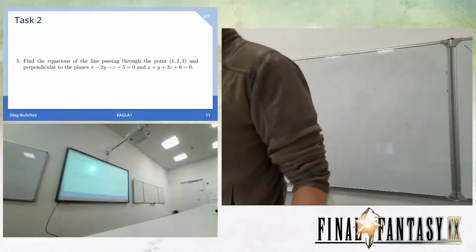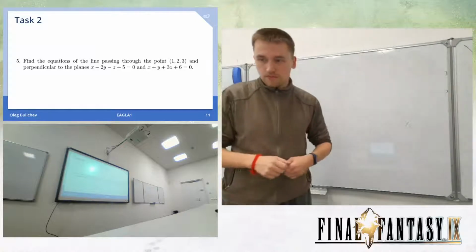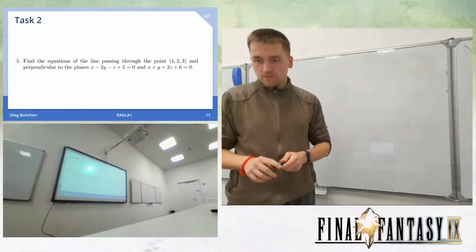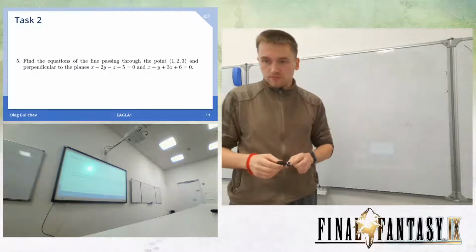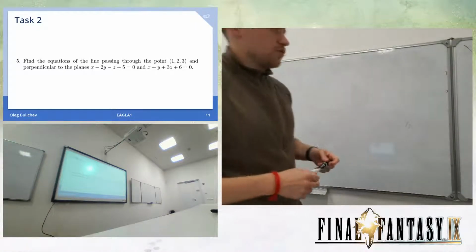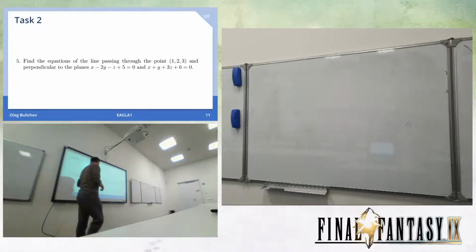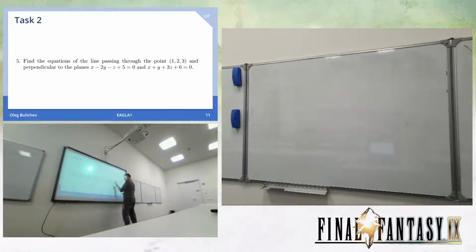Okay. Next task, the second one. So what do we know there? We have again a plane and a line perpendicular to the two planes.